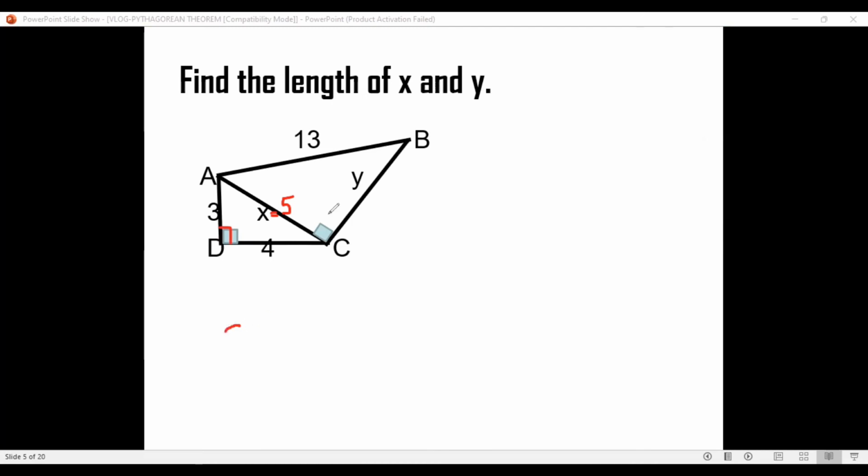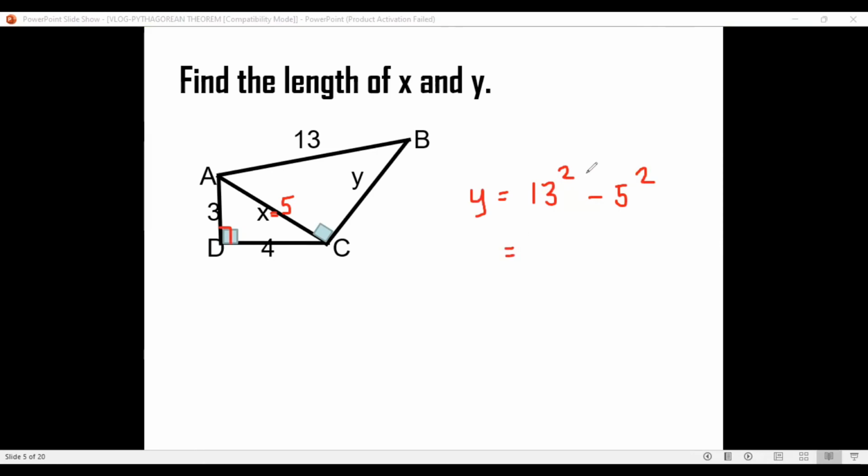So y squared is equal to, the longest side is 13, so we will just have 13 raised to the second power, subtracted by the measure of x here, which is 5. So 5 raised to the second power.